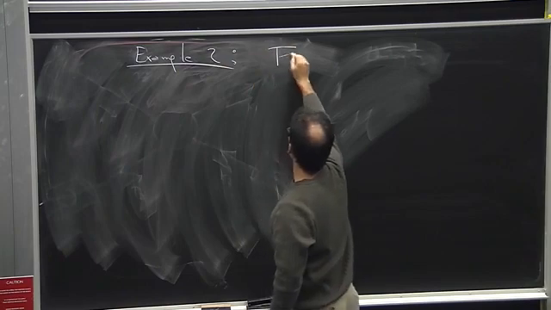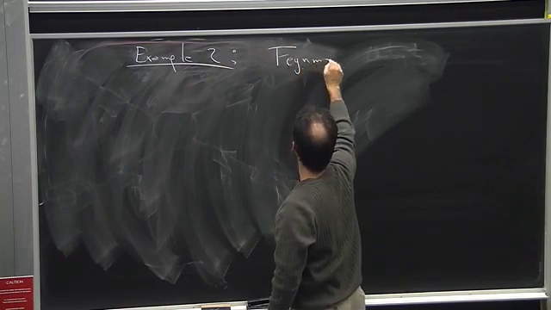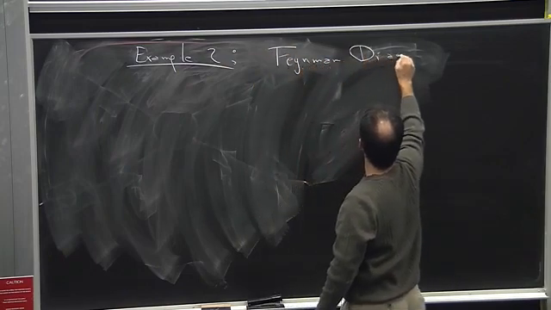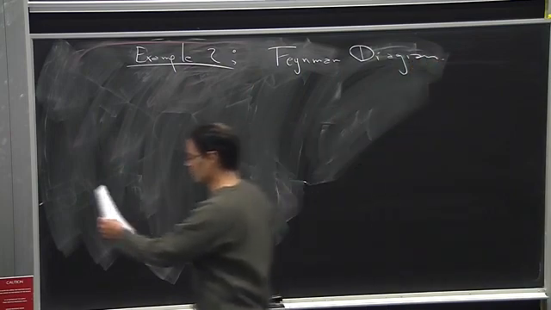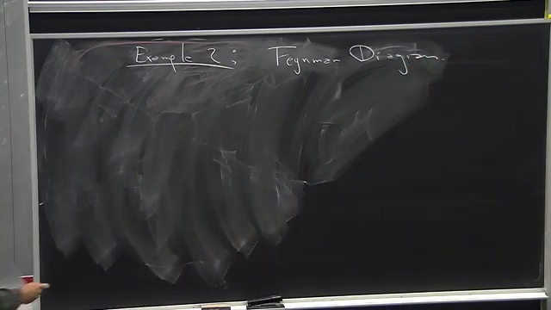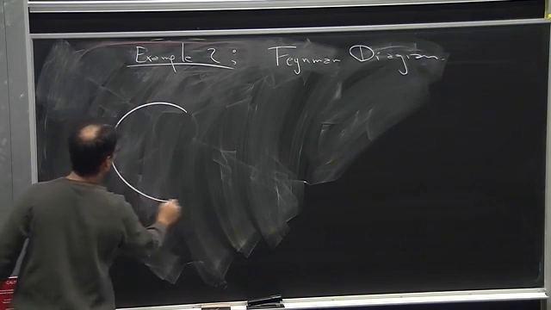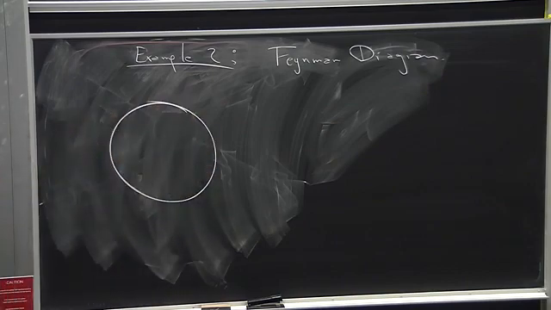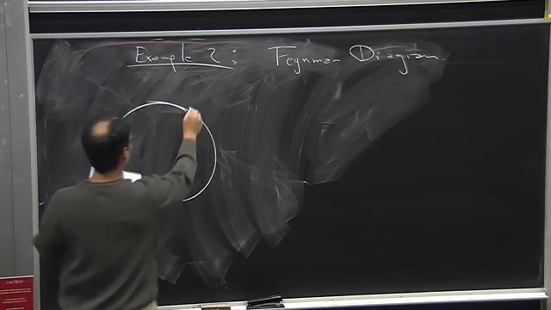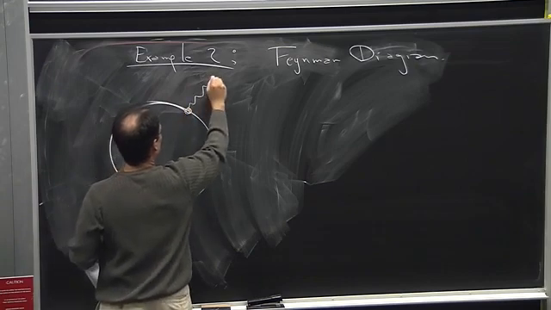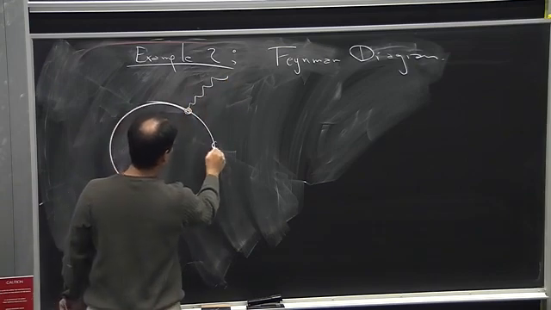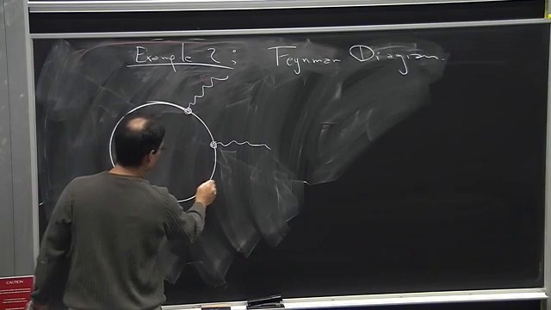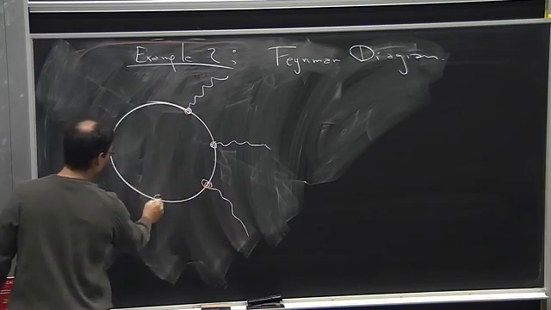Once again, this is an example of a single Feynman diagram. Okay? And here it is. A big circle. We have one photon coming out, another photon, another one. Guess what?